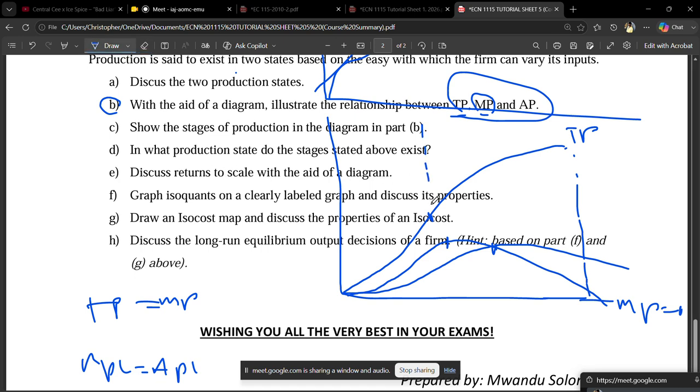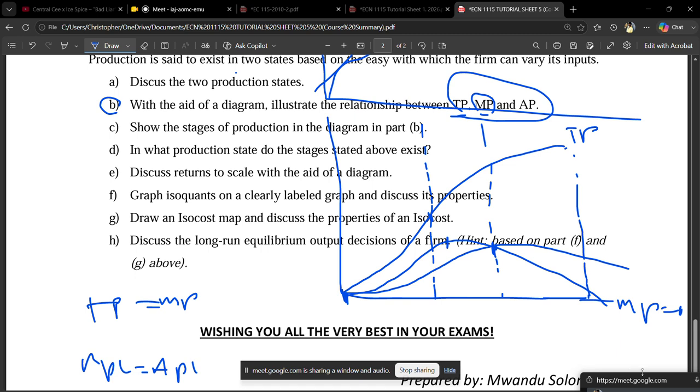From the origin, the first part is the point where increasing returns operate, until the maximum of the APL. That's the first.